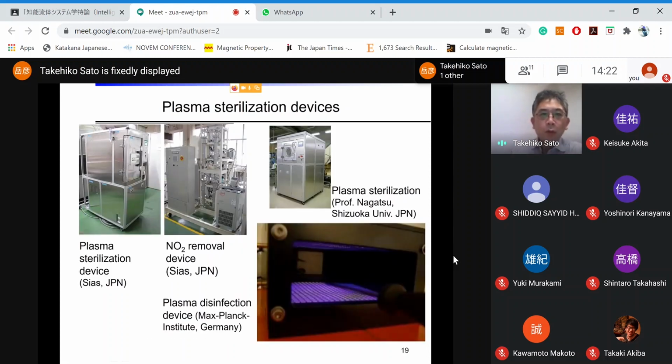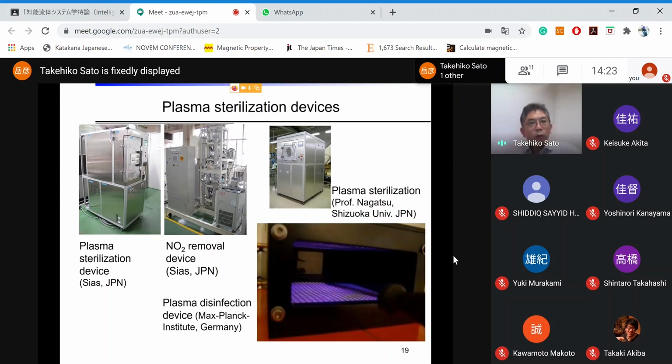So the problem of plasma sterilization is the generation of nitrogen oxide. And we need the nitrogen oxide to sterilize the bacteria efficiently. But after that, we cannot remove nitrogen oxides. That becomes a very, very big problem.